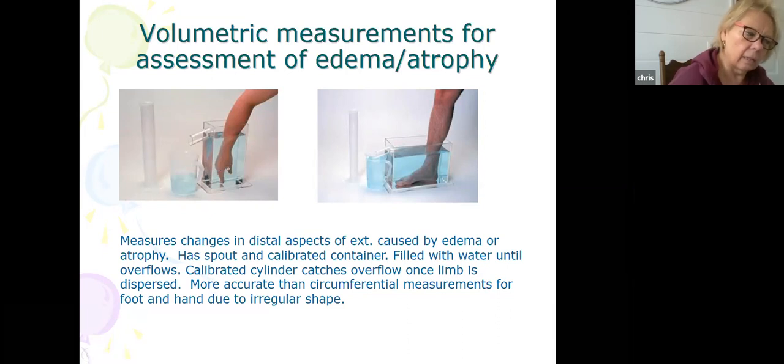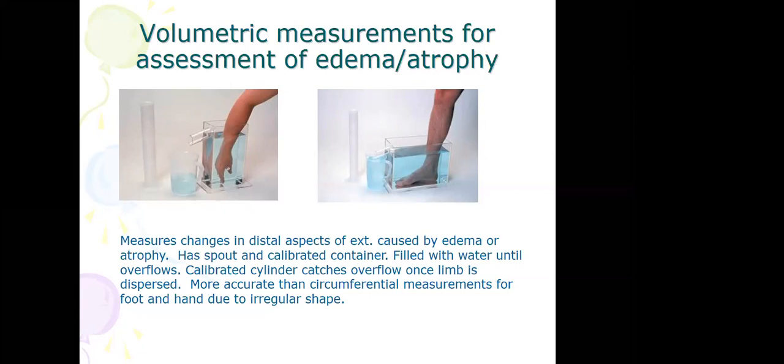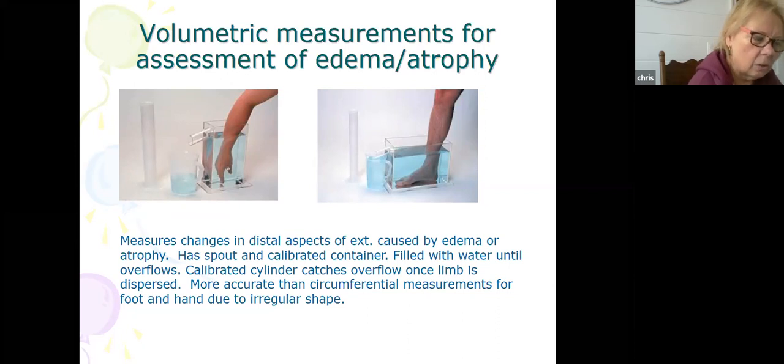Left hand is 320, and right hand is 360. What does that indicate to you? That the right hand has more edema. Right, right. So the higher number, if one is 320 and the other is 360, the higher number indicates that there's more edema, right?